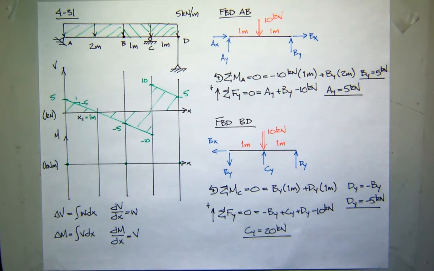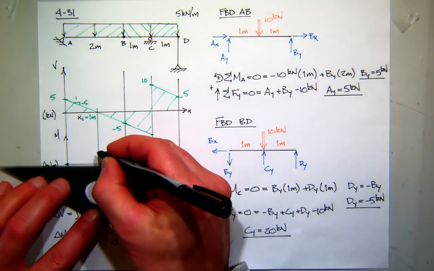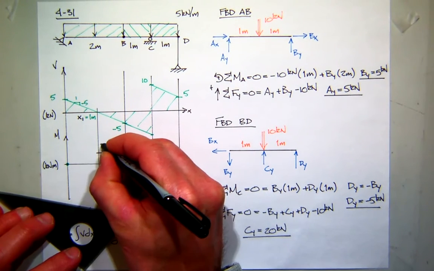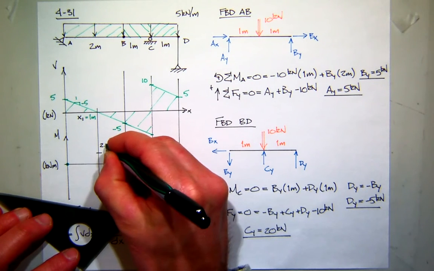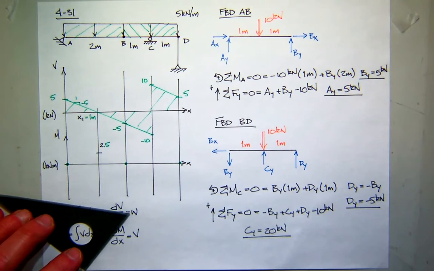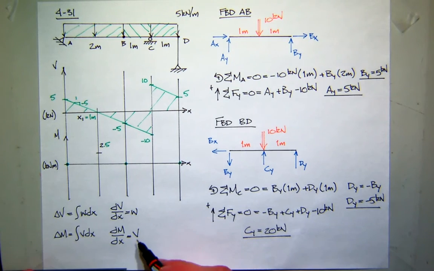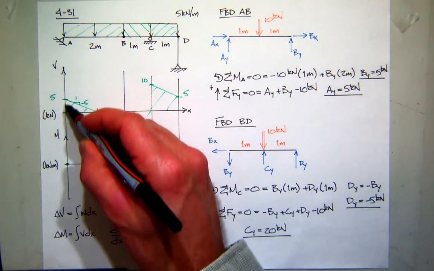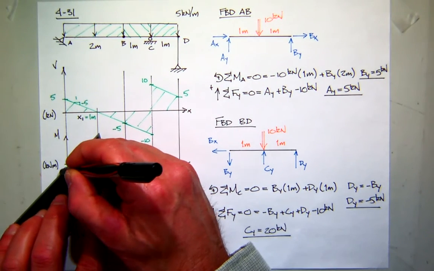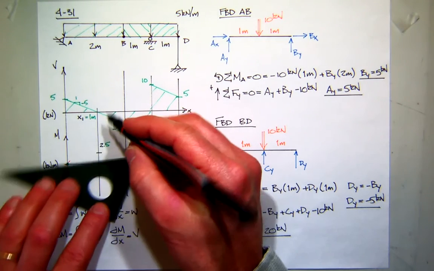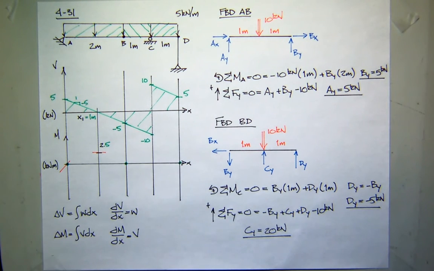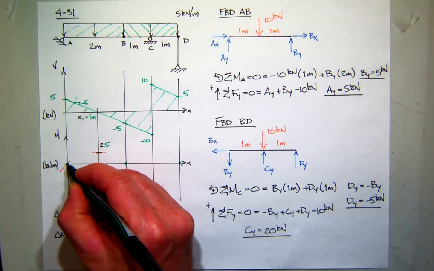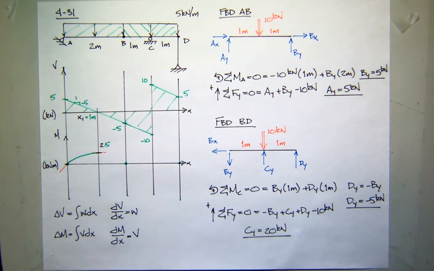So I should get up to a value of 2.5. And what's my slope? Should be equal to the shear. So the shear here starts off at a big slope and ends at a 0 slope. So I should have a parabola shape that looks something like that.